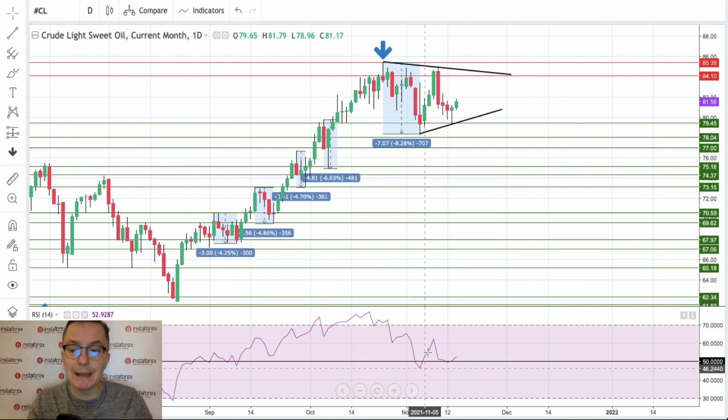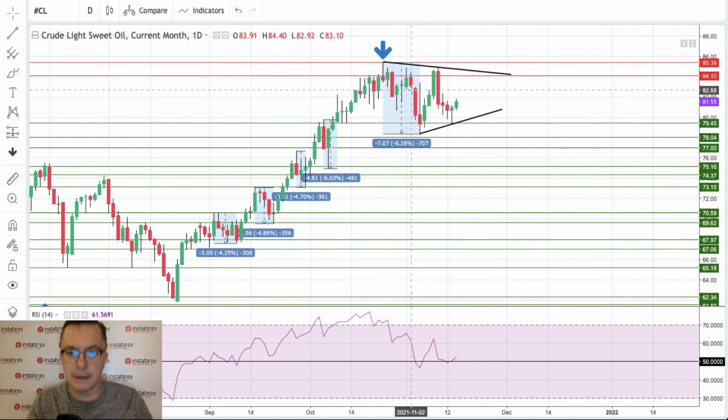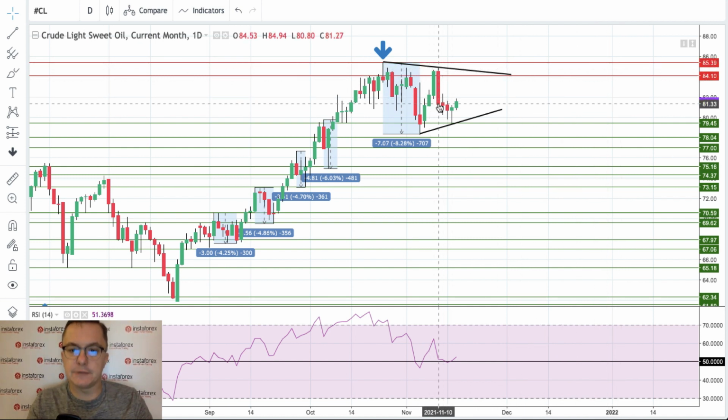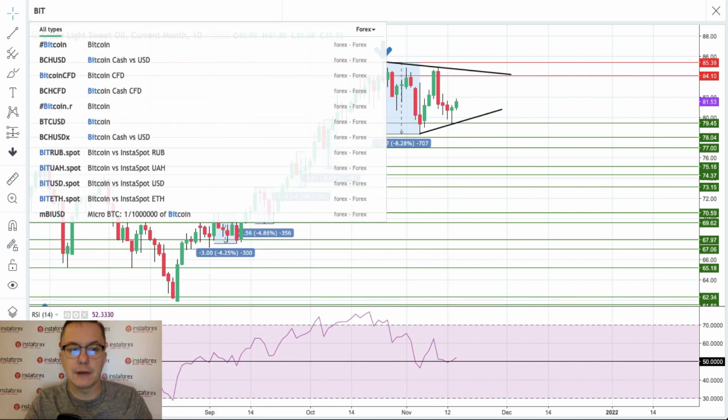The momentum is now slightly negative, bouncing from the neutral level, so maybe some sort of a further bounce towards 84.10 will happen, but every time market tries to break above this supply zone, it gets rejected. So please keep an eye on the current price action. Might take some time before the crude oil will rally again.